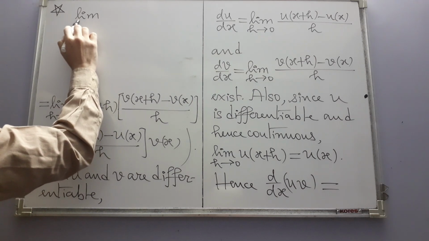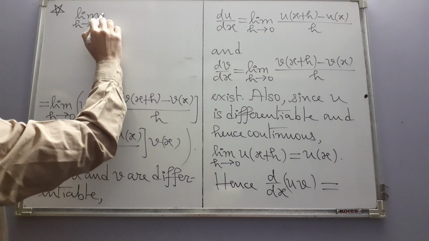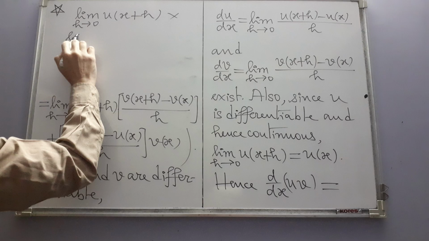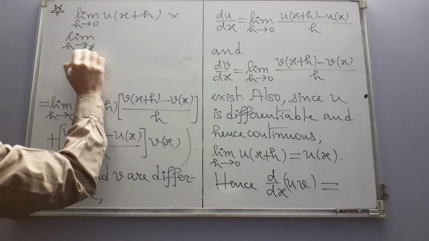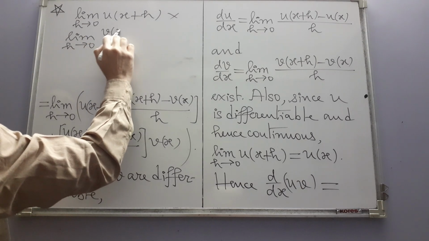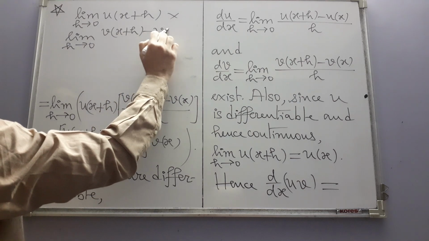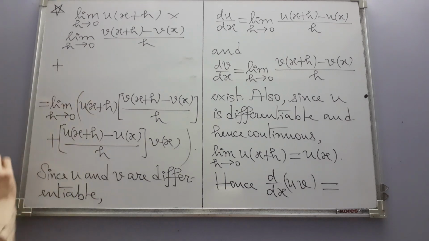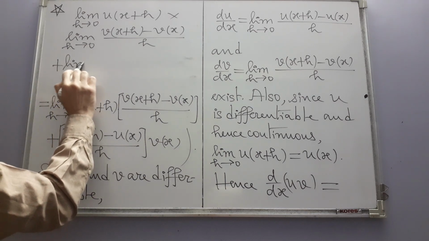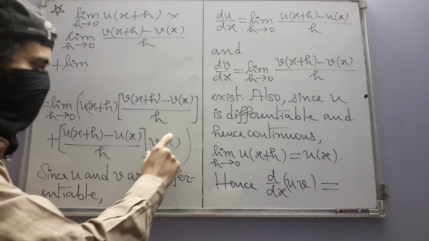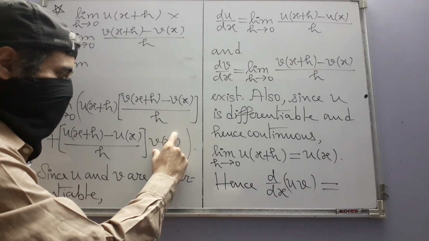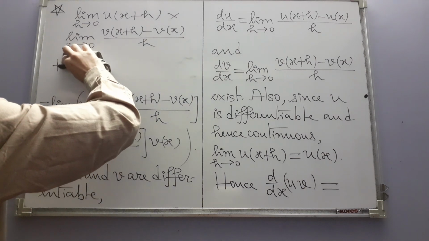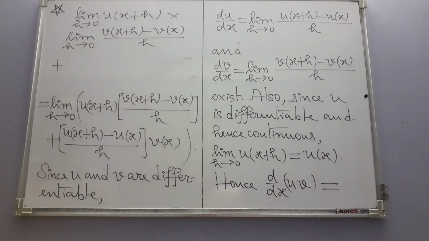Let me first write the limits, then I will write their values times v of x plus h minus v of x divided by h plus limit, well, because we have already recognized the fact that v of x is constant with respect to h, so you can just simply bring it outside of the limiting process.